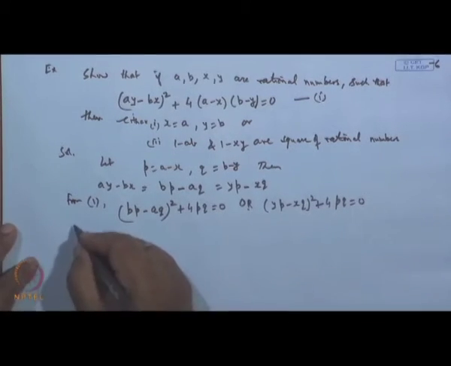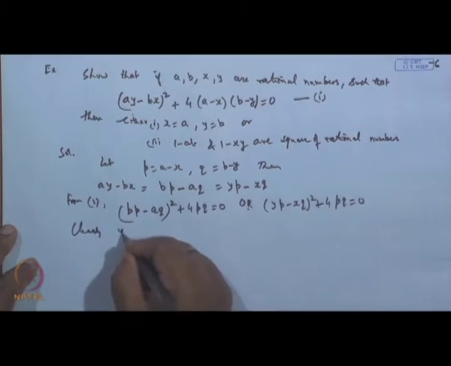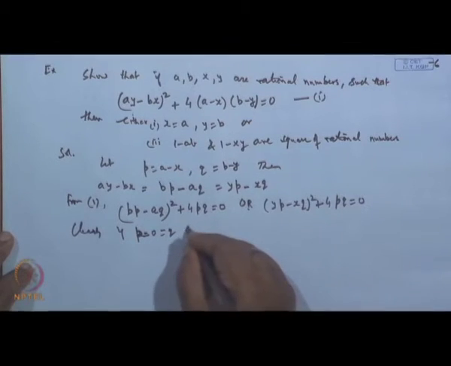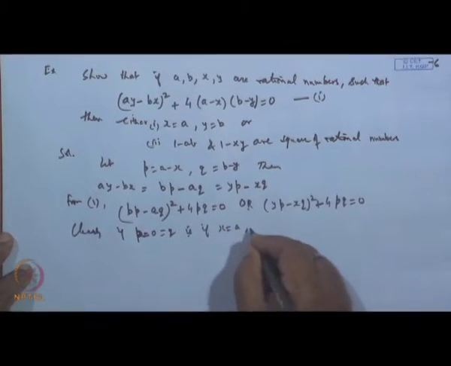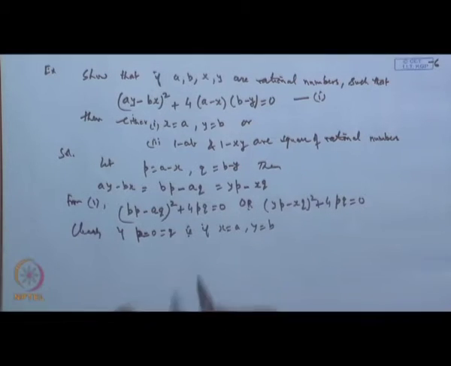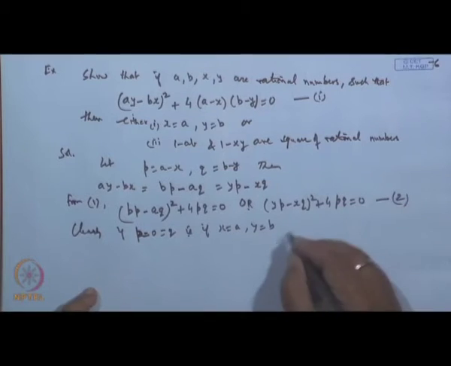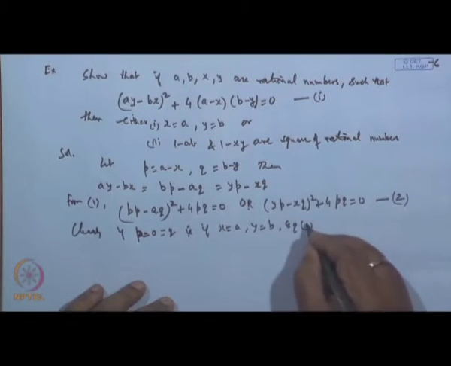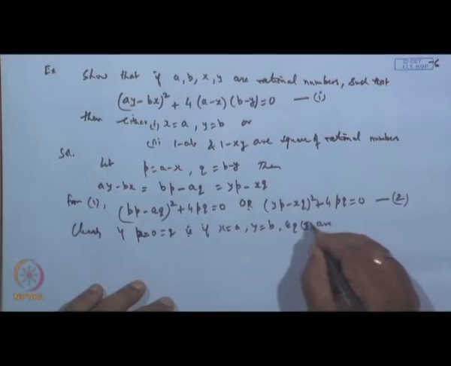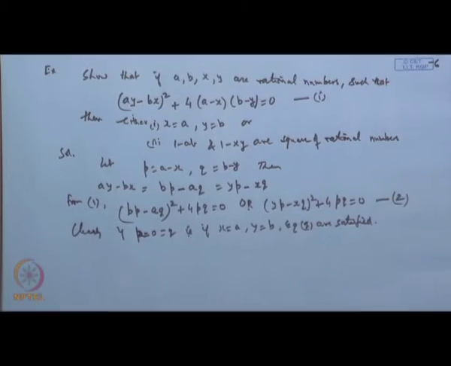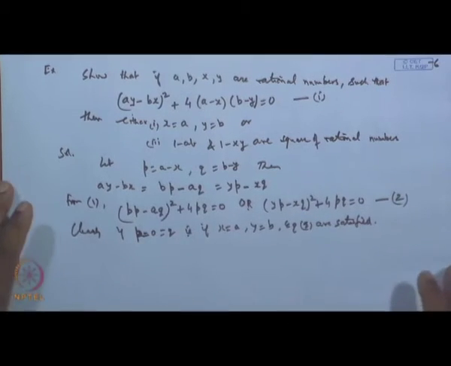Now, clearly if p is equal to 0, q is also 0, that is if x is equal to a, y is equal to b, then p is 0, q is 0, and these two equations are satisfied. Is it not? Obviously true.